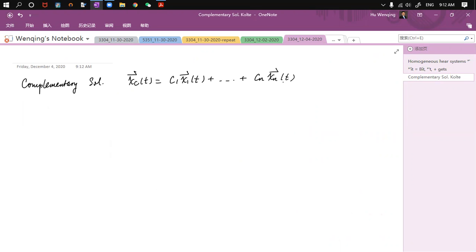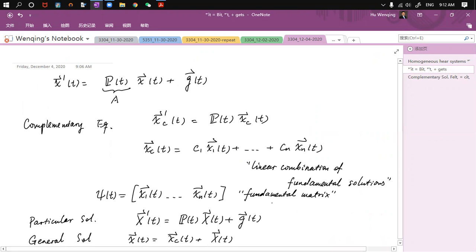So x1 up to xn are the so-called fundamental solutions, and c1 up to cn are the coefficients. Now we're going to rewrite the complementary solution using the fundamental matrix. The fundamental matrix, remember, puts those fundamental solutions of the complementary equation as column vectors in a row.